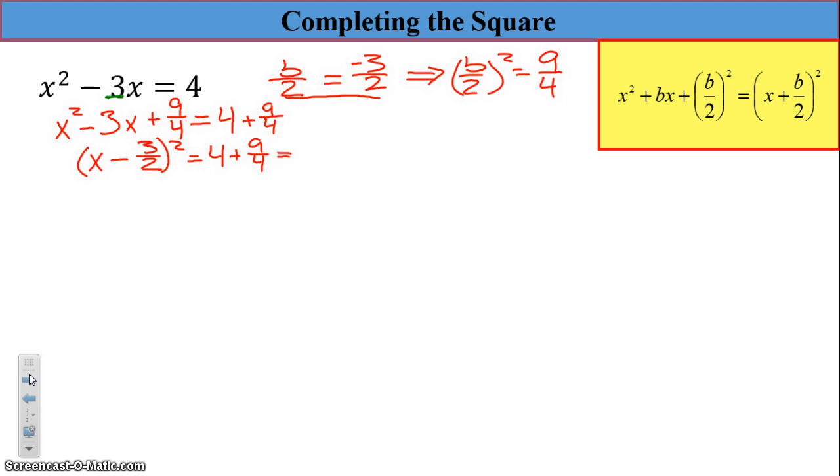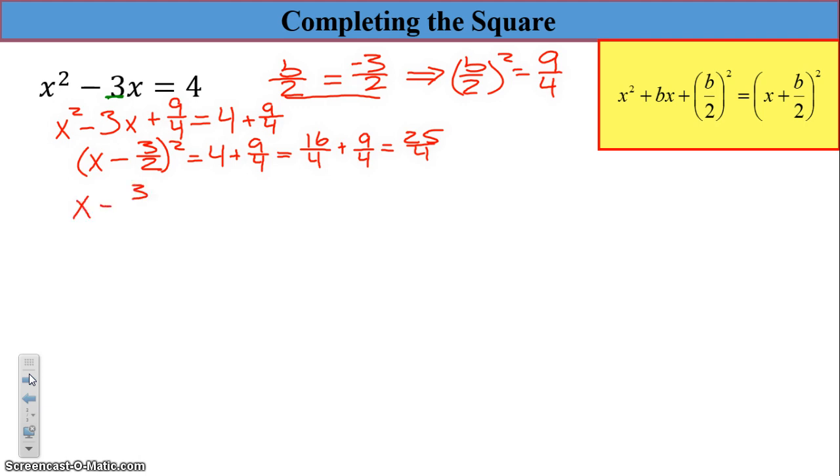And so I'm going to simplify that a little bit. 4 is equivalent to 16 over 4. All I did there was get a common denominator. So I can add 16 over 4 to 9 over 4, and that will give us 25 over 4. So I'm just going to bring that down, rewrite everything that we have.